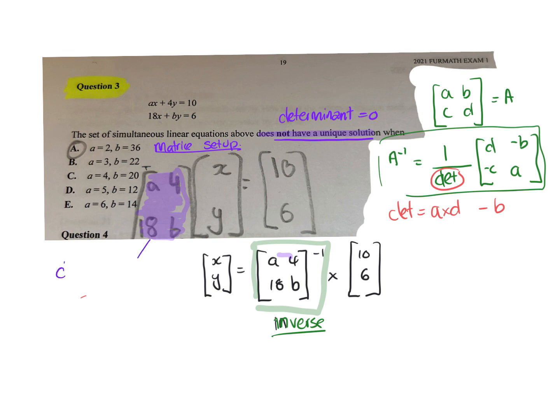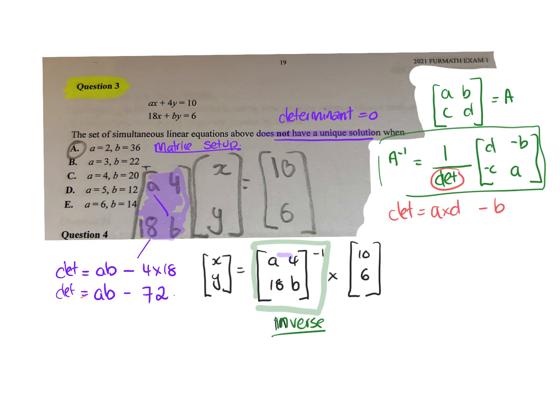So the determinant of that matrix would be A times B, that number by that number, minus 4 times 18. So we get AB, and 4 times 18 is 72. Okay, so if we're going to have no unique solution, we need this determinant to equal 0.